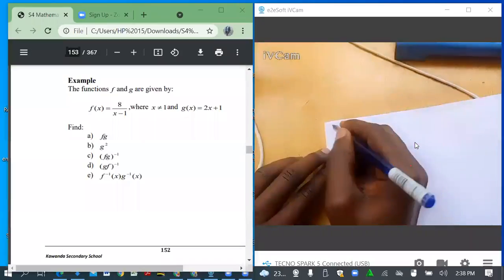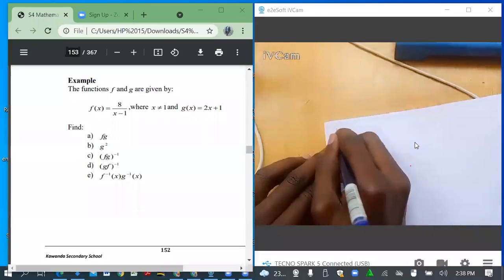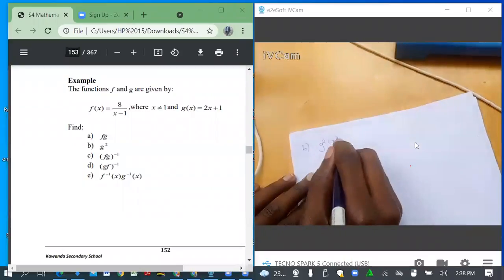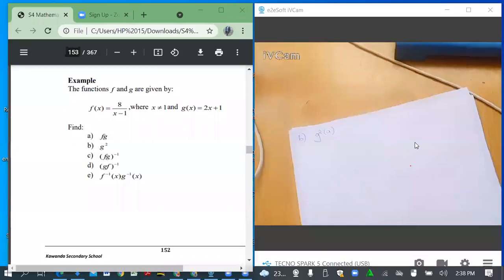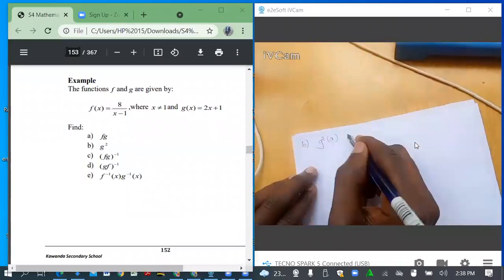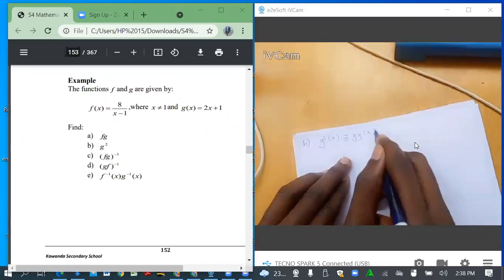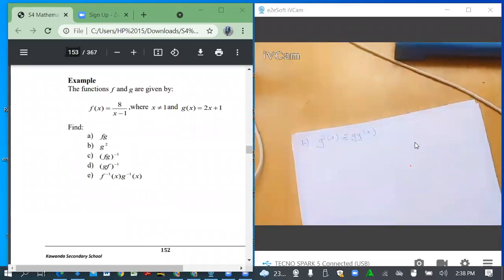Our B was, what is our B? They want us to find g squared of x. That is the same as g of g of x, because g squared means we are applying g how many times? 2 times.